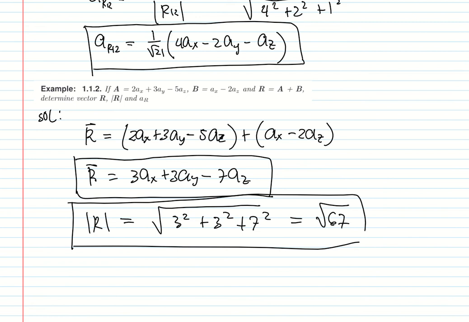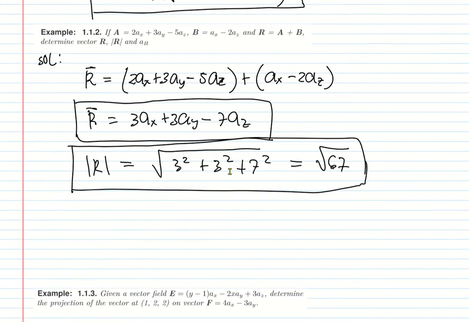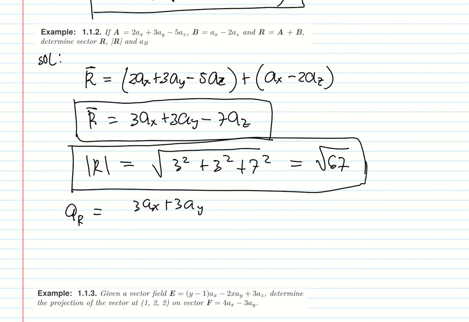For the unit vector, applying again the formula for a unit vector, ar will be equal to r over the magnitude of r: 3ax plus 3ay minus 7az, the vector itself divided by the magnitude, which is square root of 67.